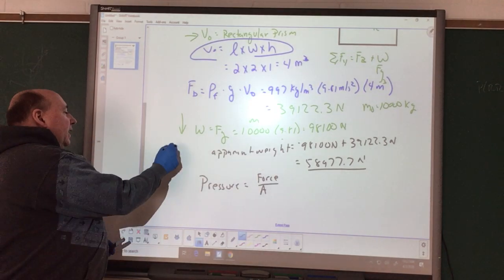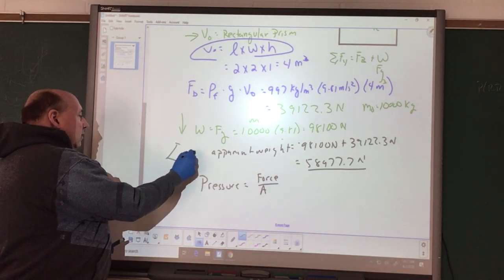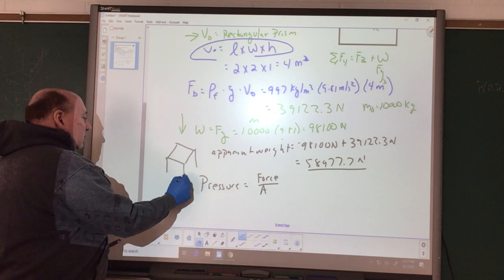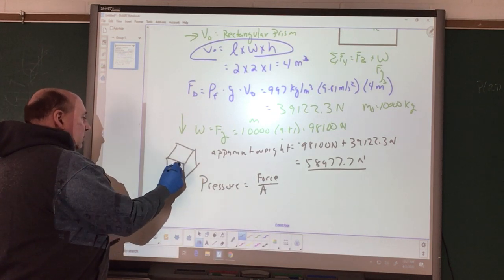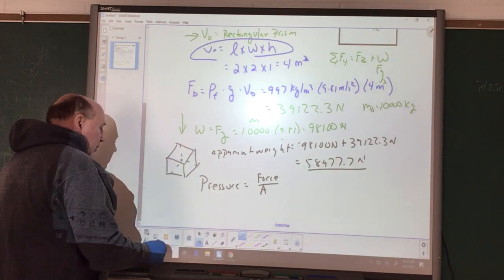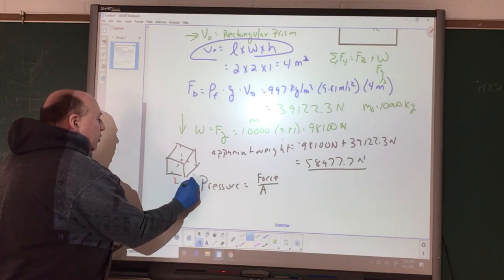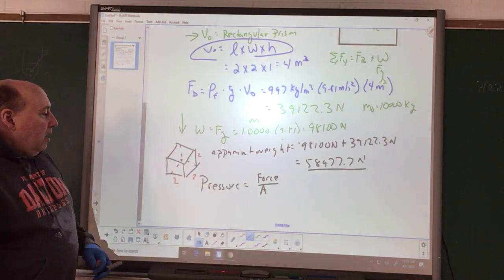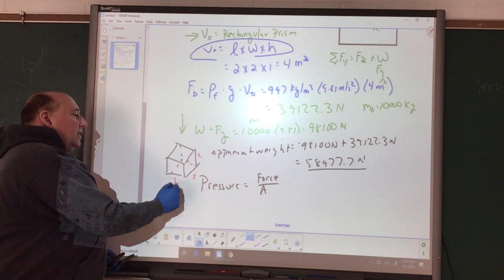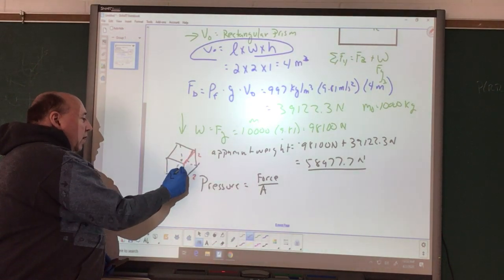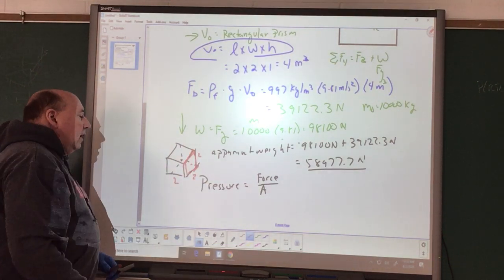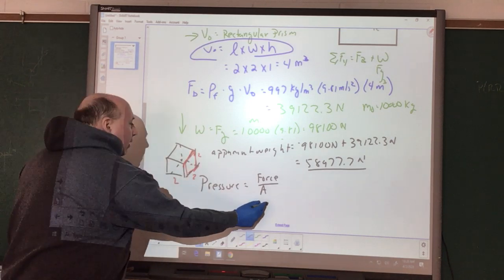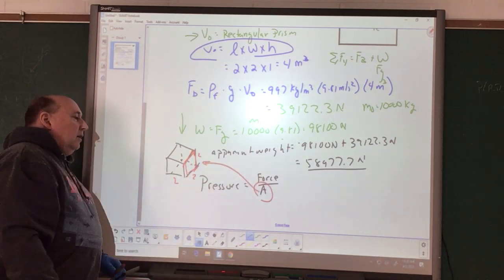So if I look at a cube, this is 2 by 2 by 2. If I look at one face here, I look at the surface area of this one face.